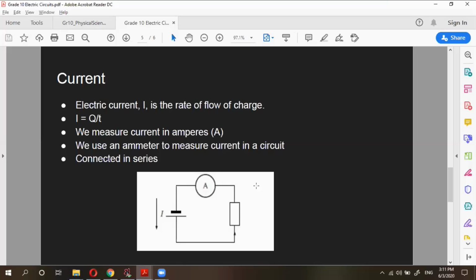If we're taking 10-second intervals, we need to know how much charge passed that section in 10 seconds. If we get an answer like 115, then we take 115 divided by 10 and find that the current in the circuit is 11.5 amps.